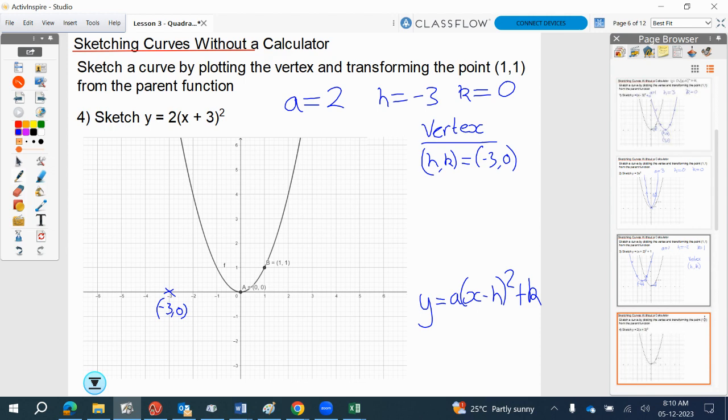Now we have a stretch. So the characteristic point, which is at 1 across, 1 up, is going to be 1 across, 2 up, because a is equal to 2. We need to take 1 and multiply it by 2, and we get 2. So we go 1 across, 2 up.